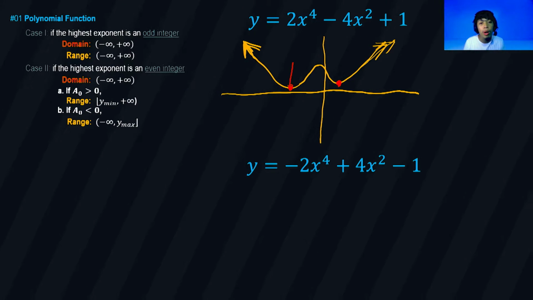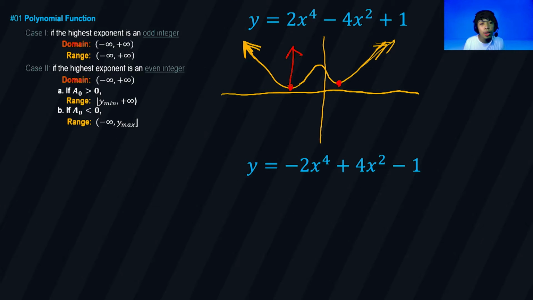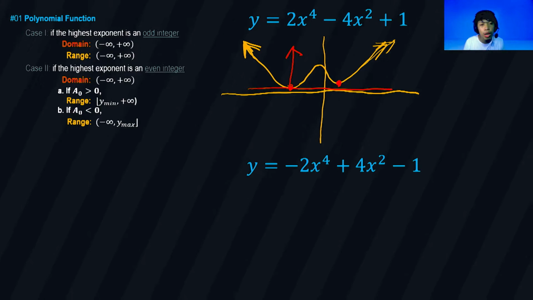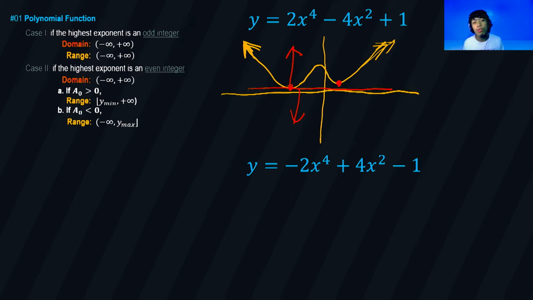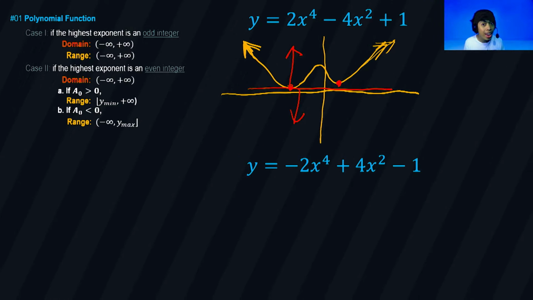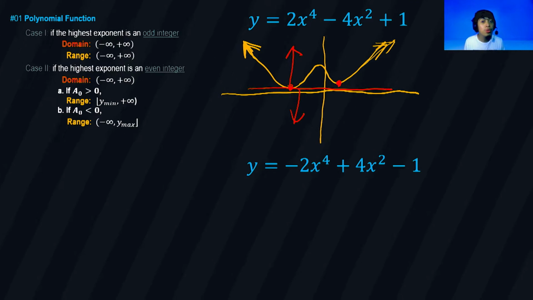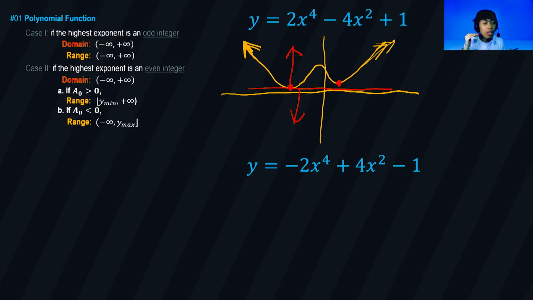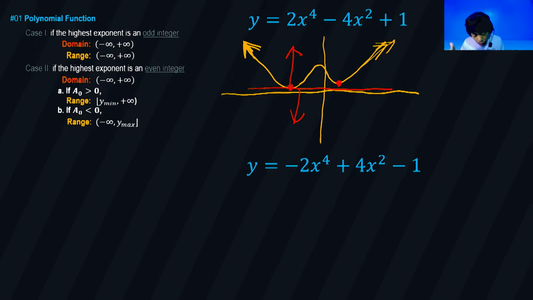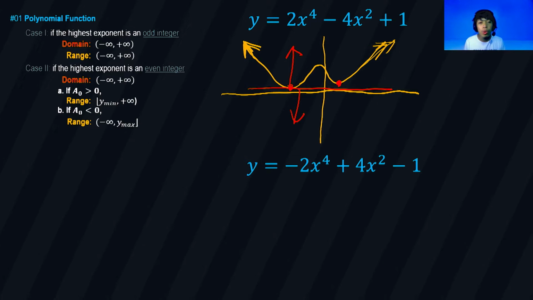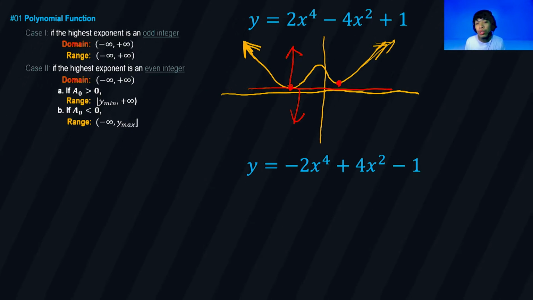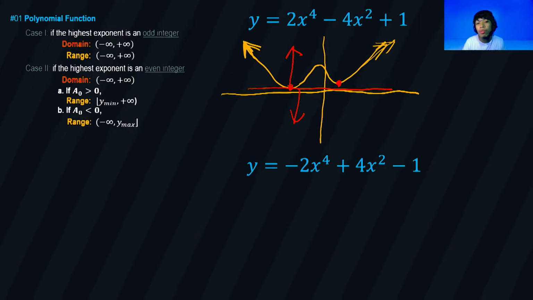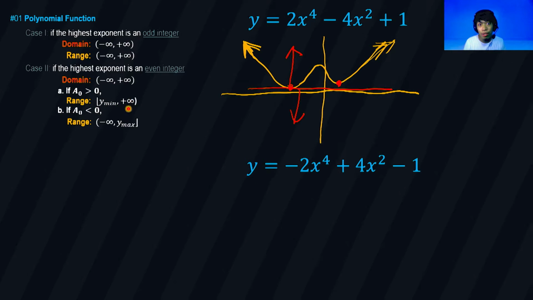Because from this region downward, you can no longer find any value of y. There are no possible values of y from the lowest value of y downward. So wala nang possible value. That's why your range is from the minimum value of y to the positive infinity.